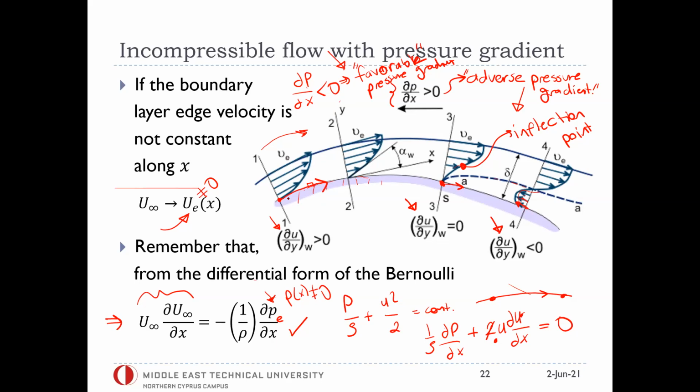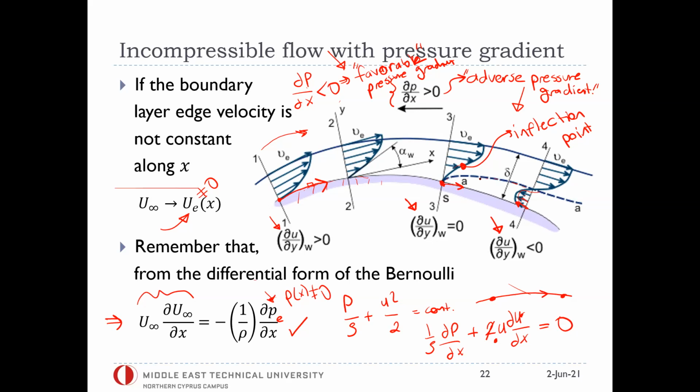But for compressors, helicopters, propellers, fixed wing aircraft, in most of the operating conditions we have to deal with adverse pressure gradient, which could generate those flow separation phenomena, inflection points in velocity profiles, negative shear stress on the surface, and all that.